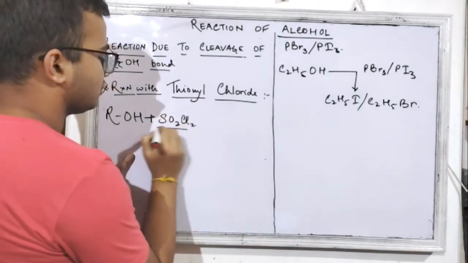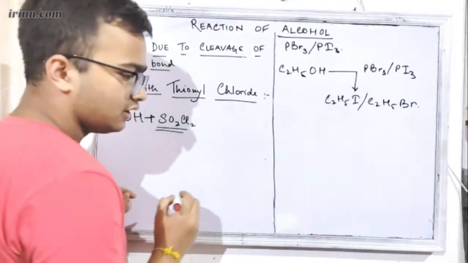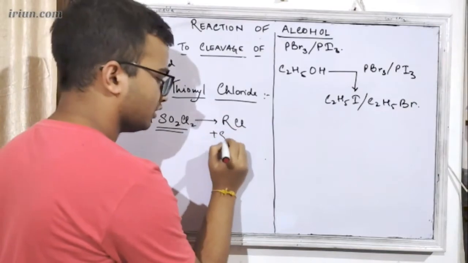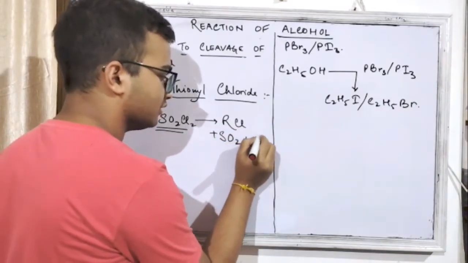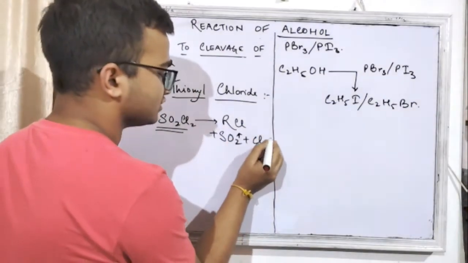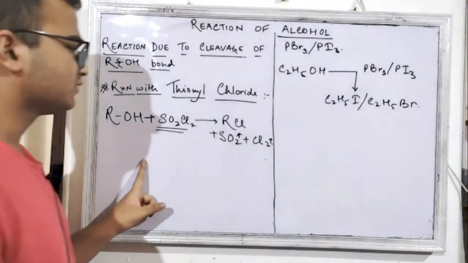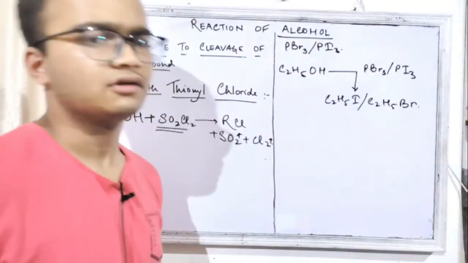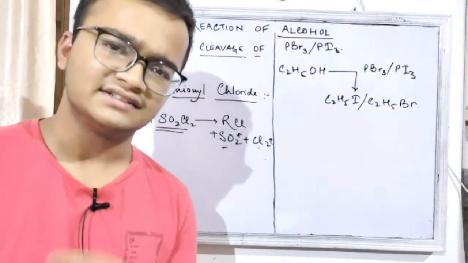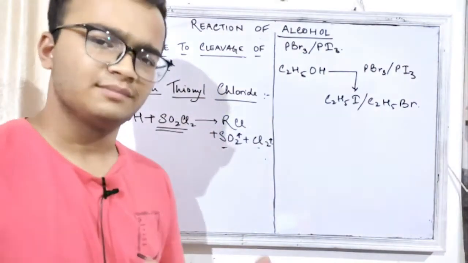This is the thionyl chloride, and we get as a result RCl plus SO2 plus HCl. Now, if you remember why this was the best process, it was because all the byproducts, that is the SO2 and the HCl, are in gaseous state. So, we get pure RCl.